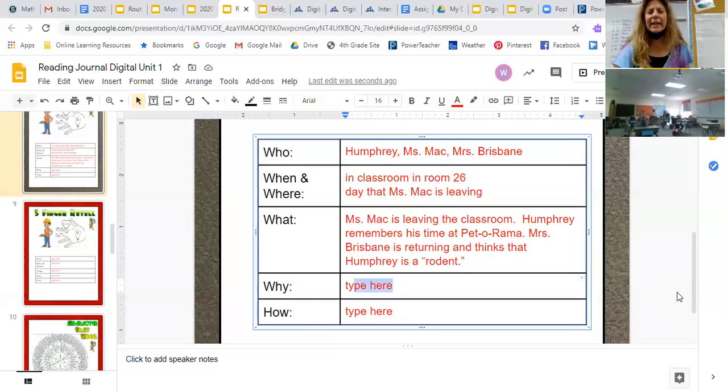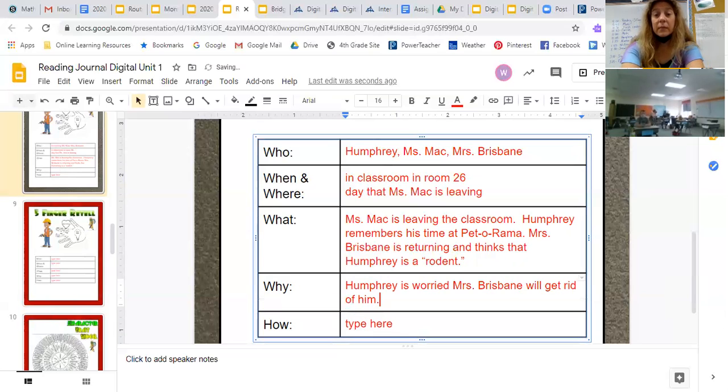So what is Humphrey worried about? So the why is kind of, why is this a problem? We got to think about the problem and the solution. Humphrey is worried Mrs. Brisbane will get rid of him. And how is he going to take care of that?